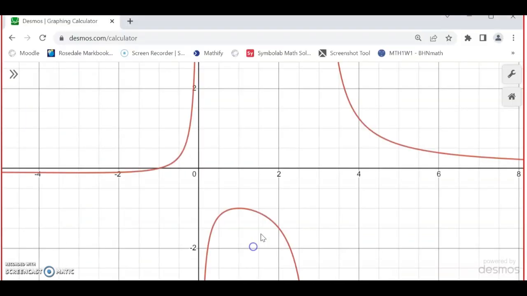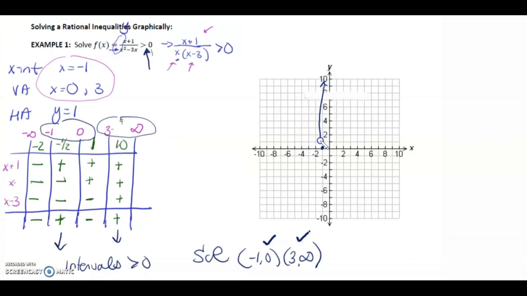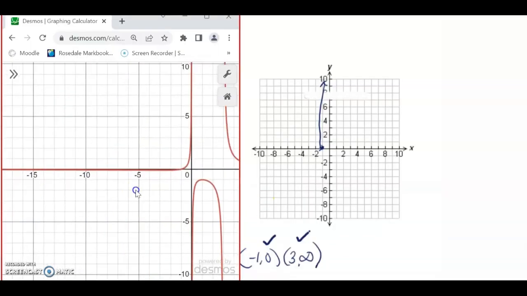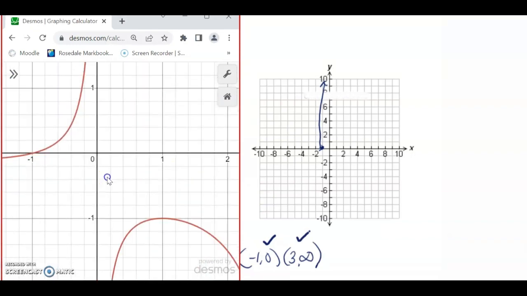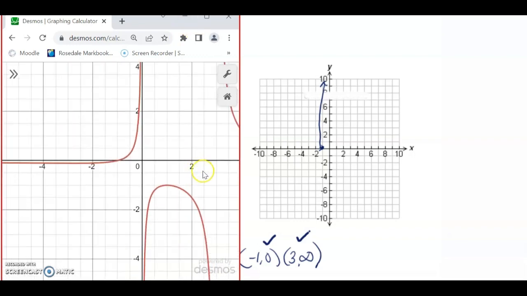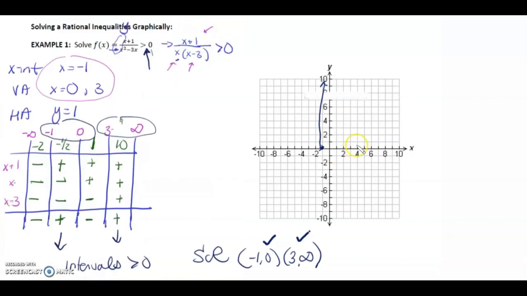And if we want to just quickly sketch this, we go through negative 1. I'm looking at the horizontal asymptote. Okay, so this looks like it goes through and then it comes back up.